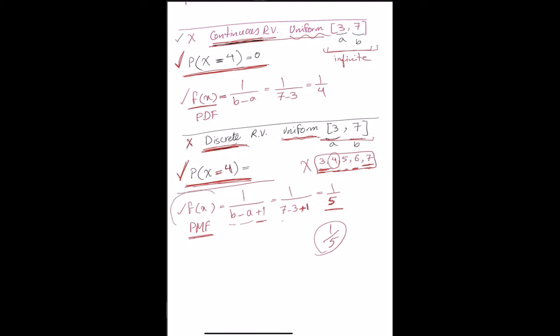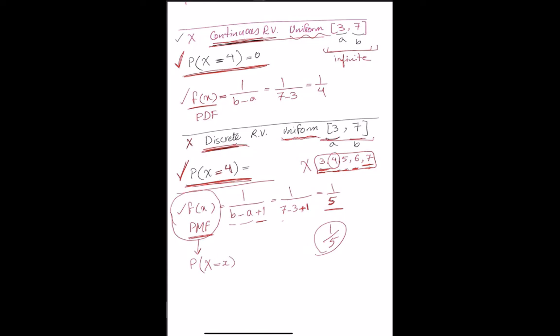I calculated the probability mass function here. Guys, what is the definition of probability mass function? That's probability of... Can someone tell me what this means? Then it's just a 1/4 or 1/5 chance.